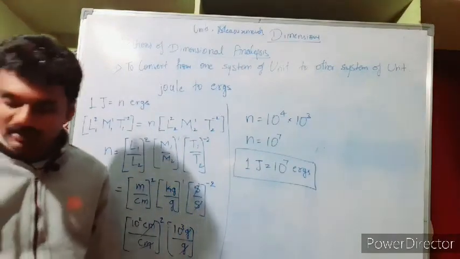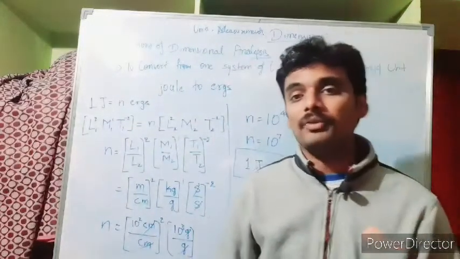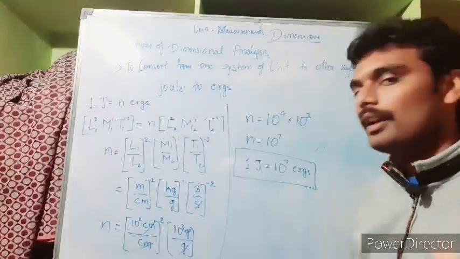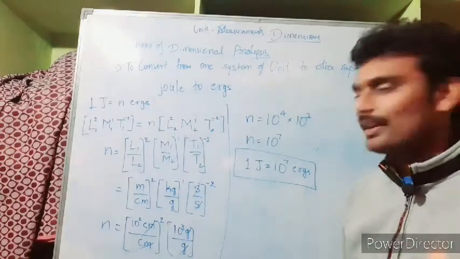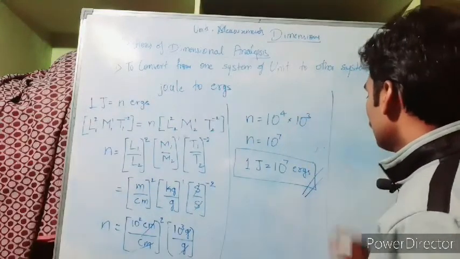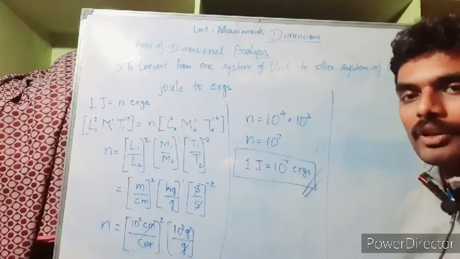So whenever the dimension of a quantity is not given, we ourselves should derive it and simplify to get the dimension. Okay, for example, one more example. Okay, this is done. So now I'll show you how to derive the dimension with one more example.